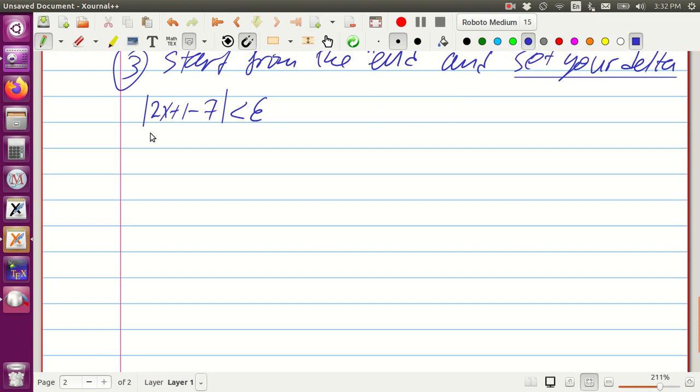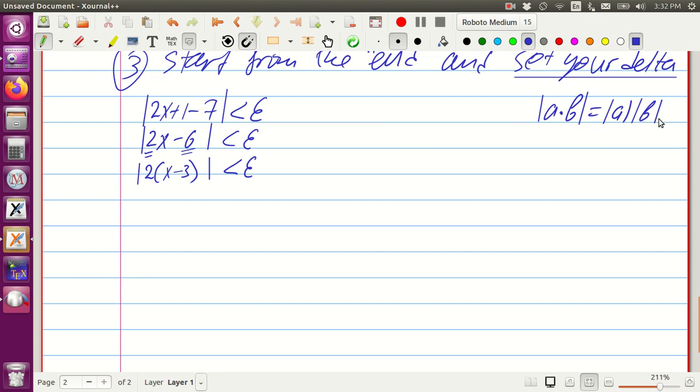So we simplify it first, so it's 2x minus 6 if you subtract 1 and 7, less than epsilon. Then you can clearly see this is 2, but 6 is 2 times 3. So we can take 2 and factor it out. We'll be left with x minus 3 if we factor 2 correctly. Then we use the rule for absolute values: the absolute value of a times b is equal to the absolute value of a times the absolute value of b.